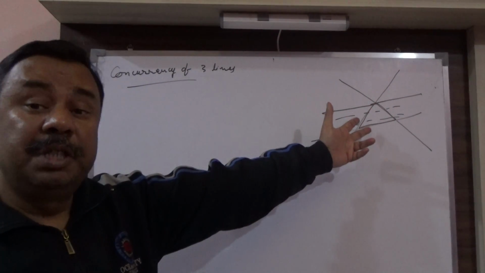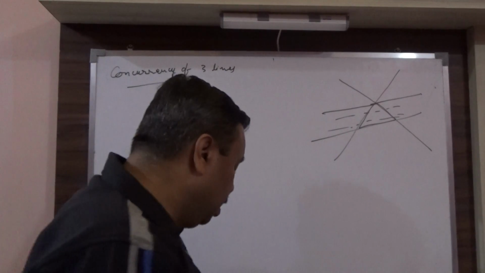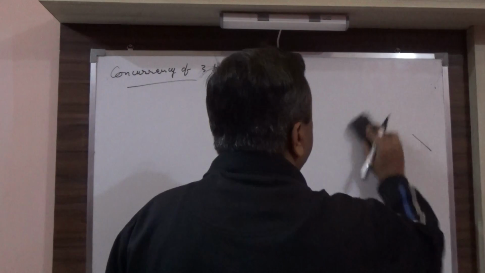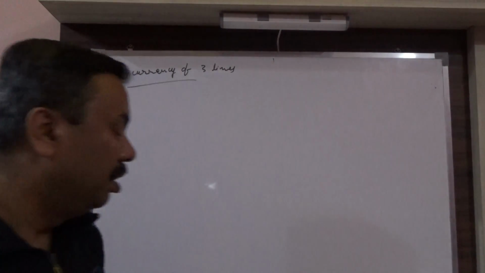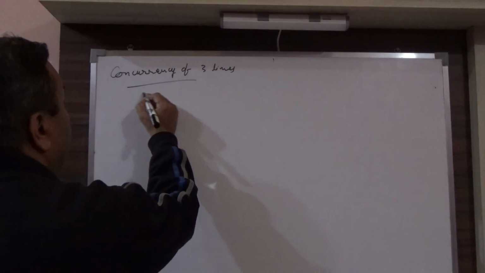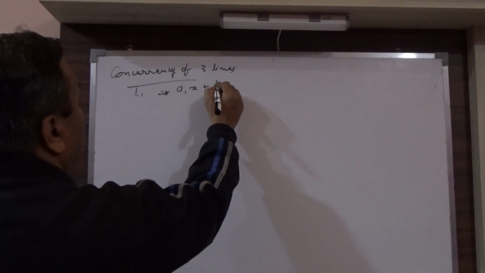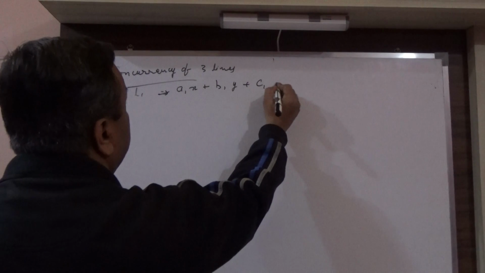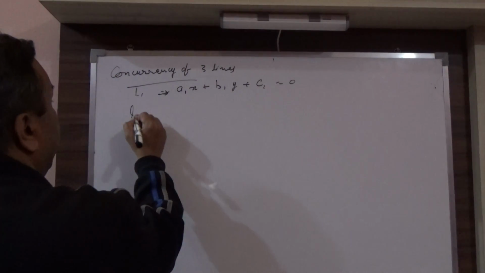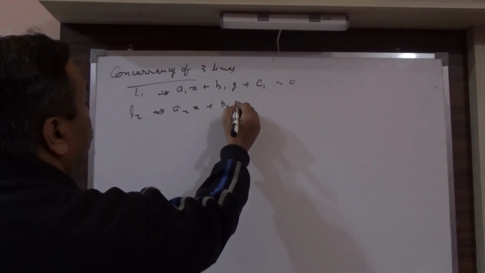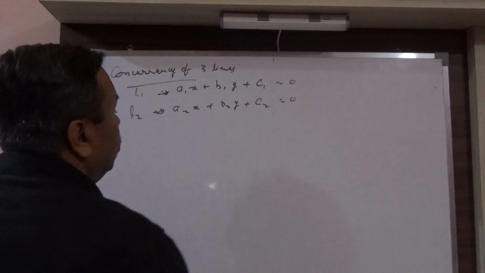That will become 0. Okay, so using this concept only, I am going to find out what should be the point of intersection. Now suppose that my line L1 is A1x plus B1y plus C1 is equal to 0. Line L2 is A2x plus B2y plus C2 is equal to 0.